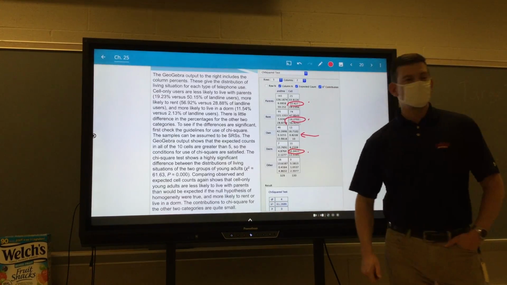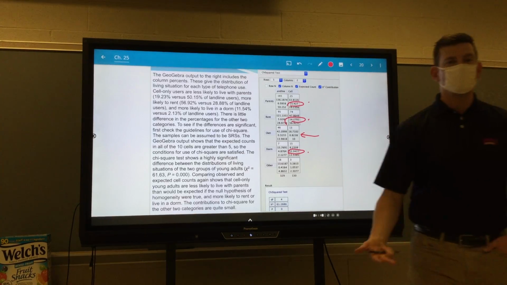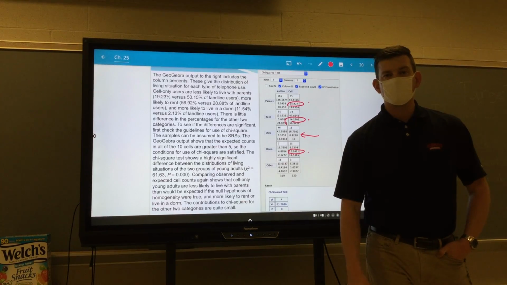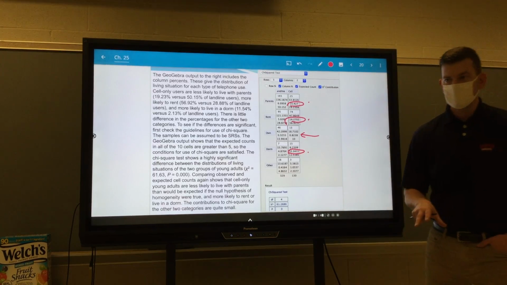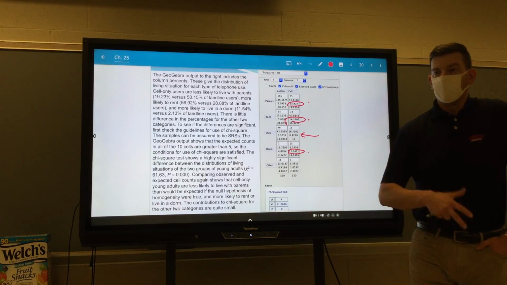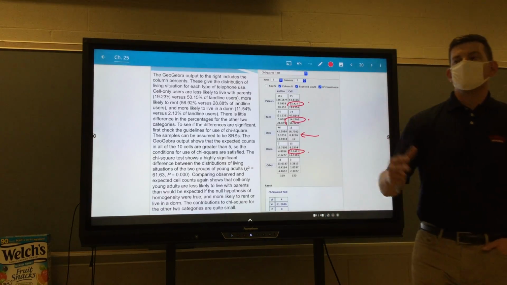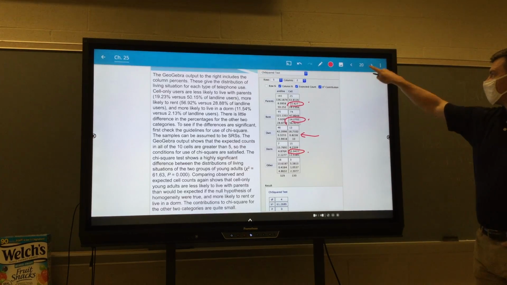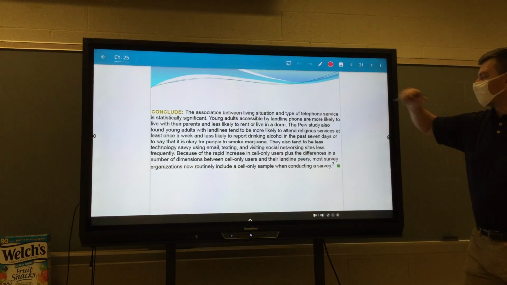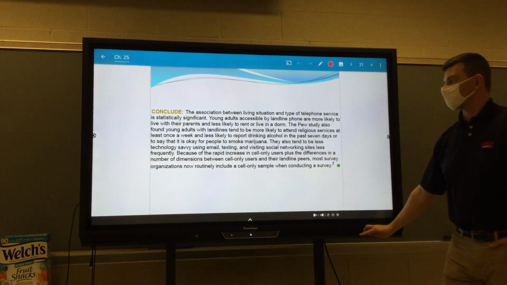This corresponds with a p-value that is essentially 0. Reject the null, accept the alternative hypothesis that these two come from different populations. They are not homogeneous. That's what we have as our conclusion.